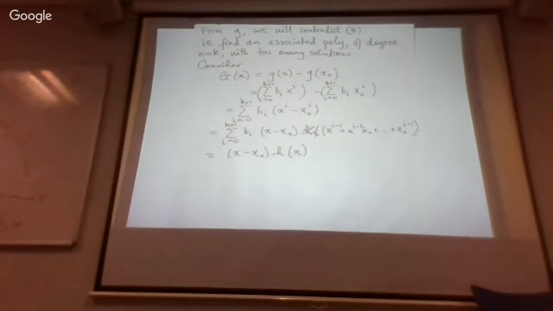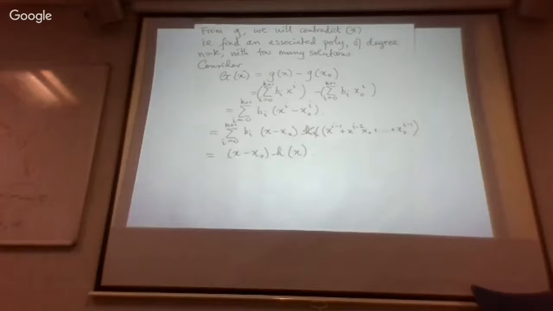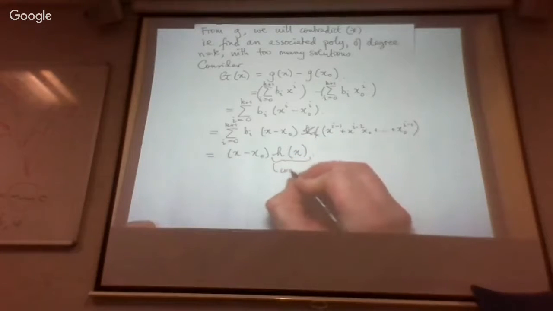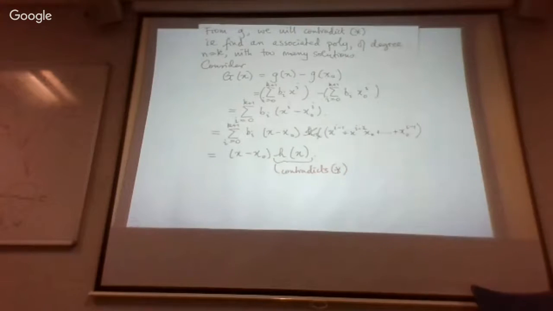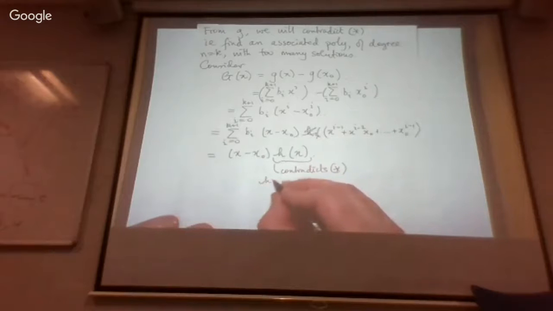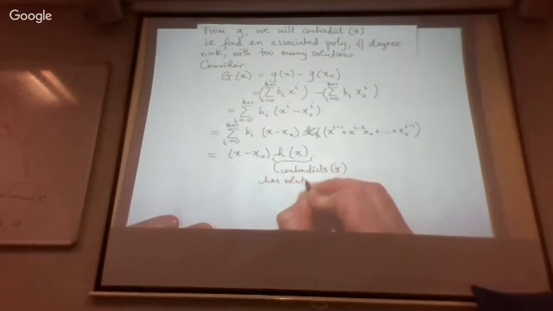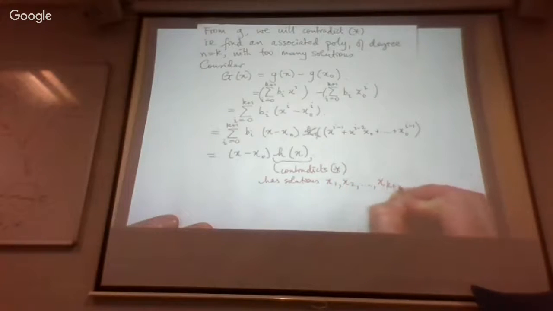When we find this polynomial h, we examine this polynomial h. And what we find is this contradicts the assumption star, because it has too many solutions. This has solutions x1, x2, all the way up as far as x_{k+1}.